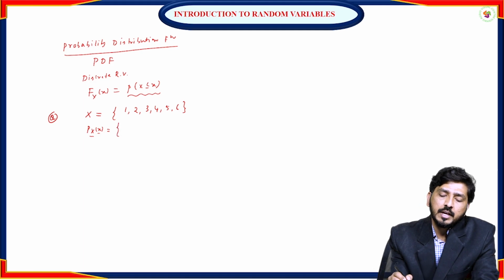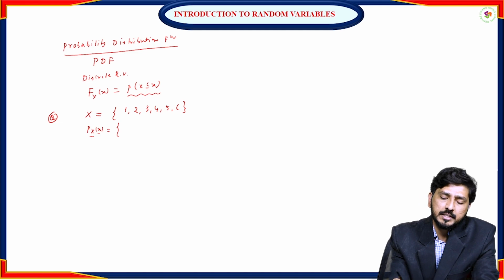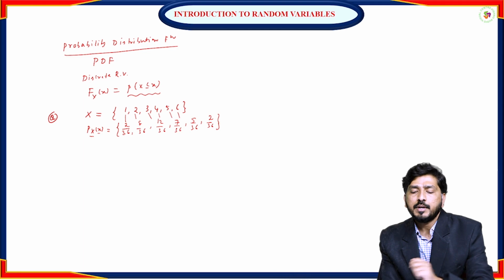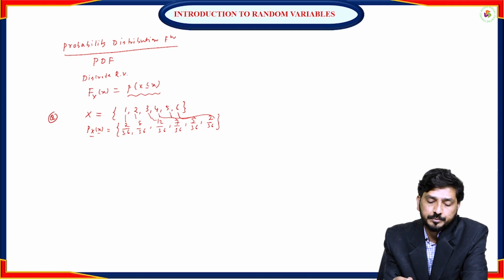Each element has the probabilities 2 by 36, 8 by 36, 12 by 36, 7 by 36, 5 by 36, and 2 by 36. So these are the corresponding probabilities of the individual elements.